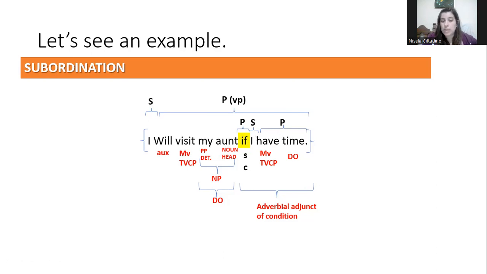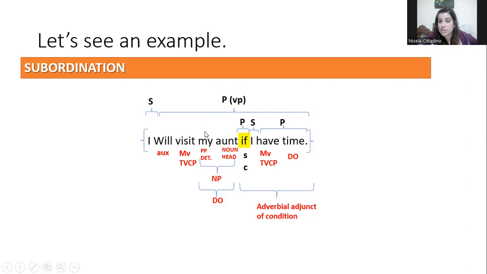Inside this clause, we have another predicate, which is if and have time, and the subject is I. So when we have subordinating sentences, compound sentences coordinated by these means, we need to analyze each clause. I will visit my aunt if I have time. If I have time is inside the overall predicate because it depends on the first part of the sentence.